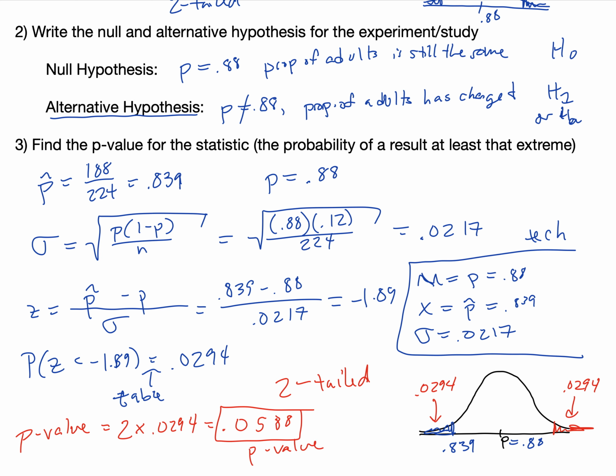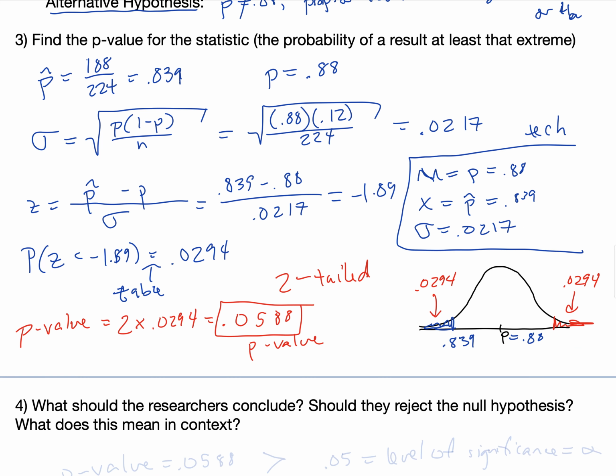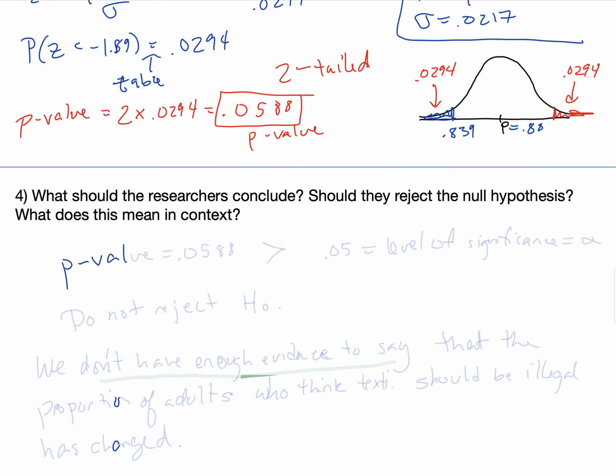All right, so what should the researchers conclude? Should they reject the null hypothesis? What does this mean in context? So again, we're going to compare the p-value with the level of significance. So the level of significance was, in this case, 0.05. Again, that's alpha, our level of significance.